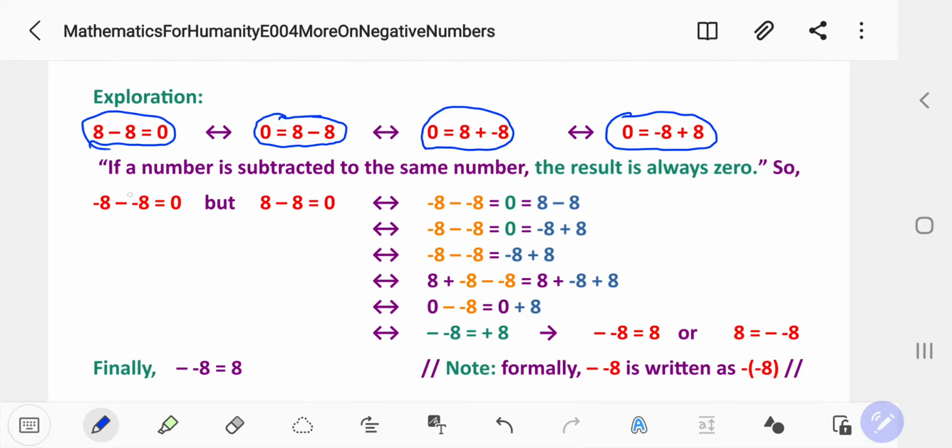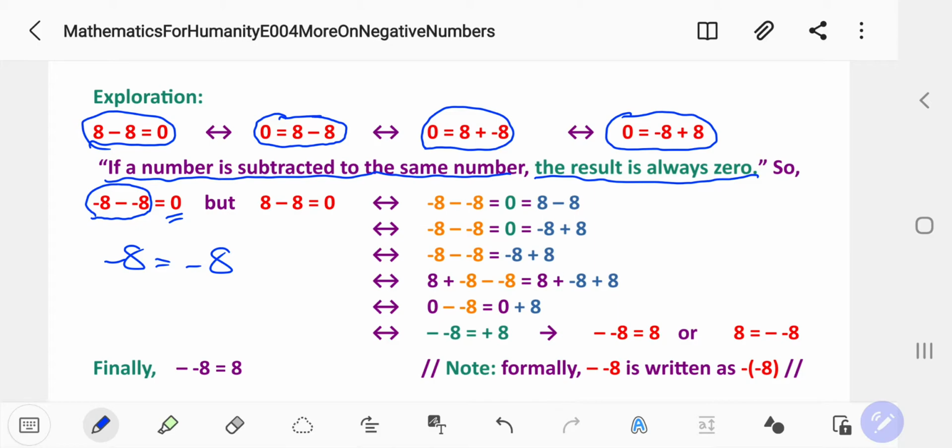So the rule was, if a number is subtracted to the same number, the result is always 0. So if you subtract negative 8 from negative 8, this is equal to 0, because negative 8 is the same number.